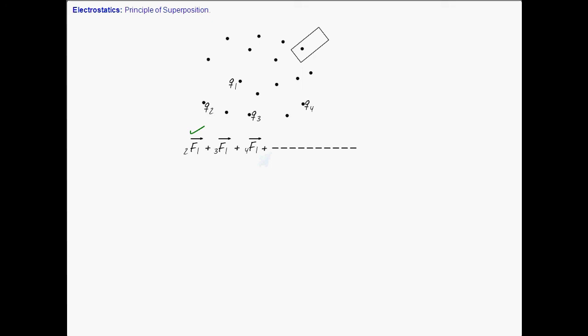All we need to do is find the force on Q1 due to each one of the charges separately. The force on Q1 due to Q2, assuming others are absent, will be in this direction. I am assuming all the charges are positive, which means they will repel.